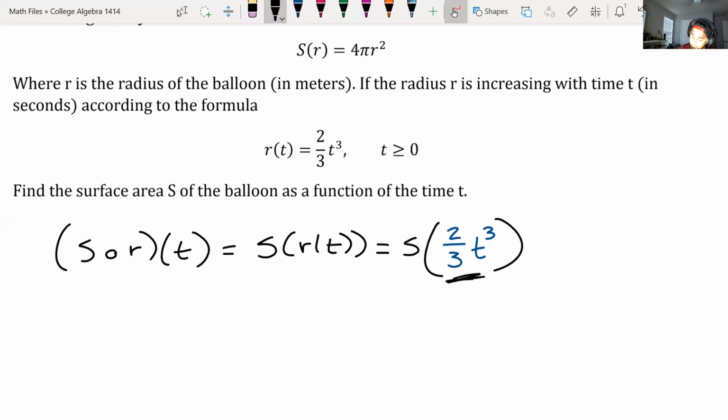And we get 4 pi times (2/3 t cubed) squared. And all we have left to do is simplify.